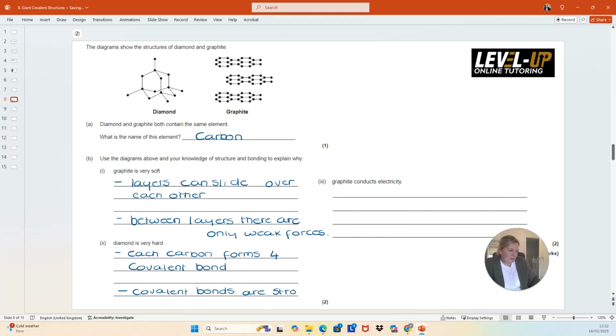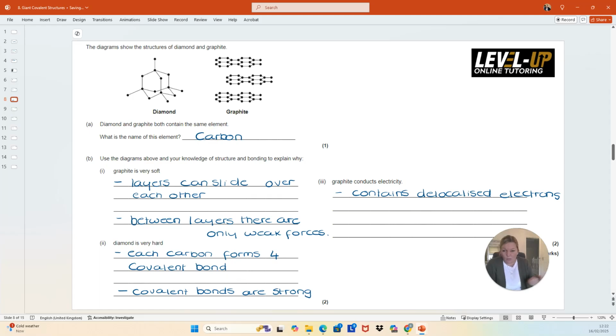And then on to the final part of the question, why does graphite conduct electricity? This is about the fact that it contains delocalized electrons. So that is for marking point 1. And again, the idea is, yes, so what?